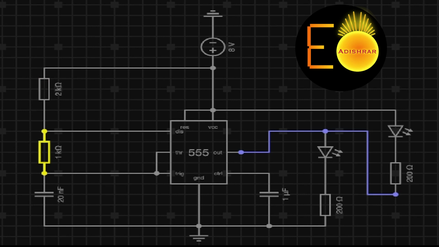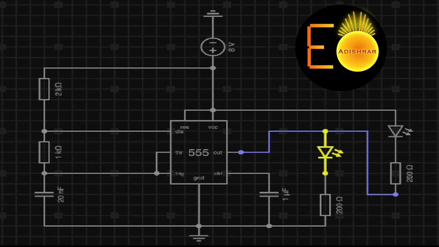So you can never make the on time, when the output stays on, shorter than the time when the output stays at the zero state, and that is because of this charging and discharging time. So let's see how it will happen.